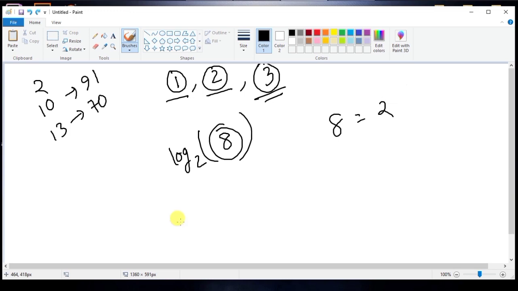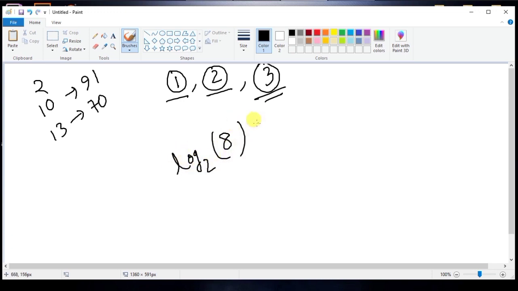This also has a very interesting concept in this problem. If we take log 2 base of 8, which gives us 3, and we see the binary representation of 8, like 1 2 4 8 here, we get 1 for 8, then 0 for the others.